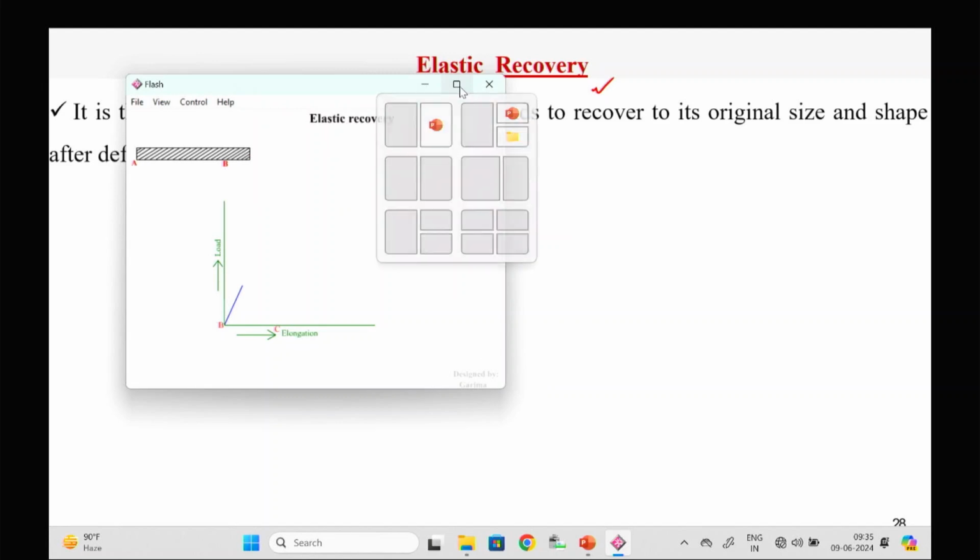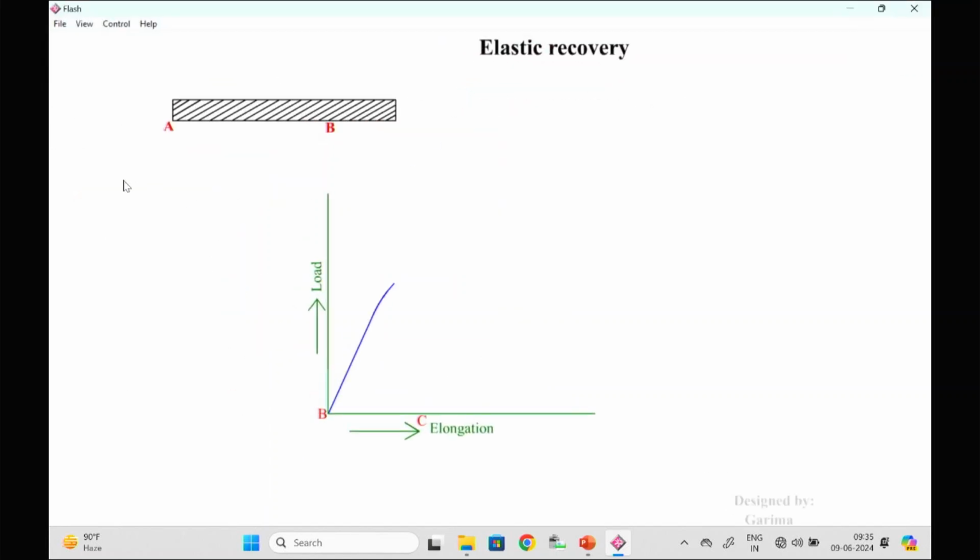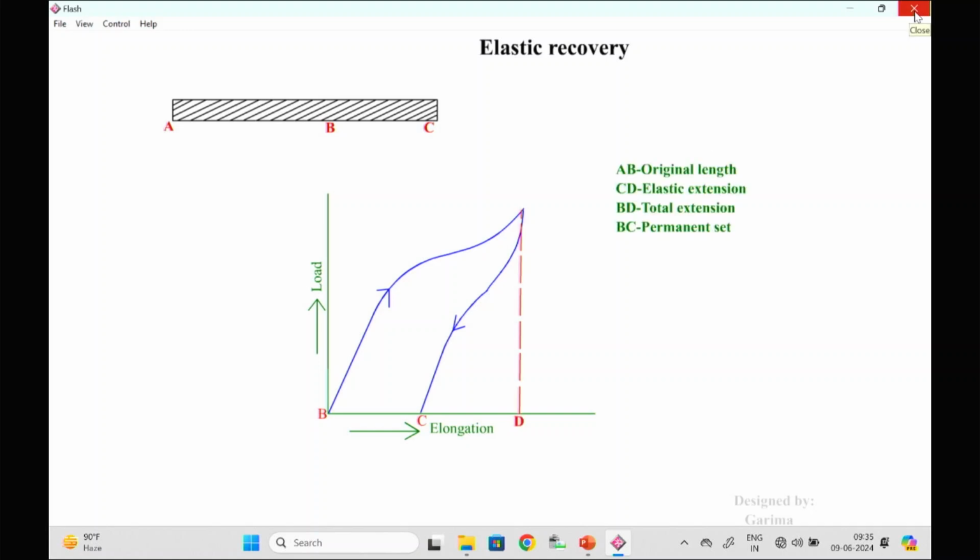So the material is being extended, AB is the original length. So up to point D we are extending, then again we are relaxing, and it has come back to the C position, and we can calculate the elastic recovery. Okay.